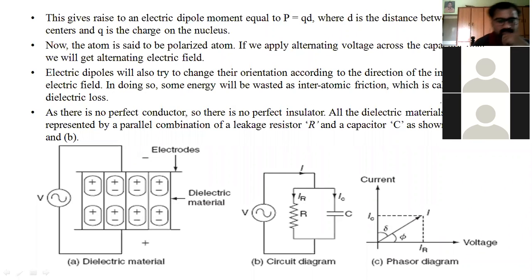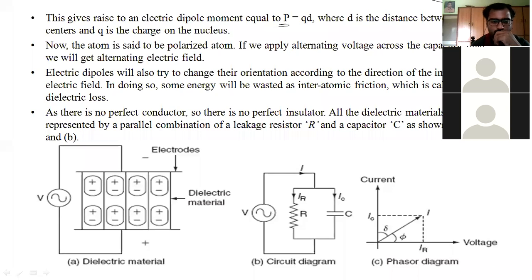Here the dipole moment is considered, which equals P. He has taken it as P. P is charge into distance, where Q is the charge and d is the distance between the two centers.